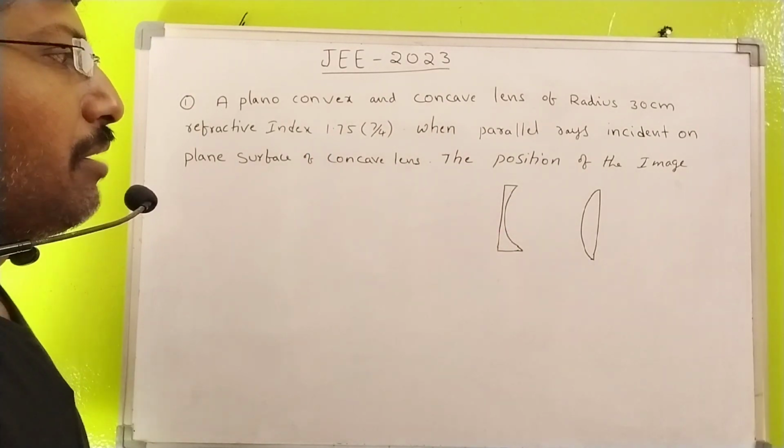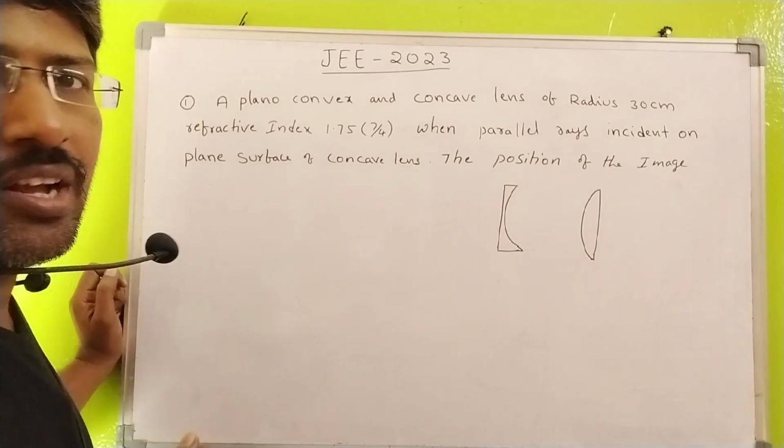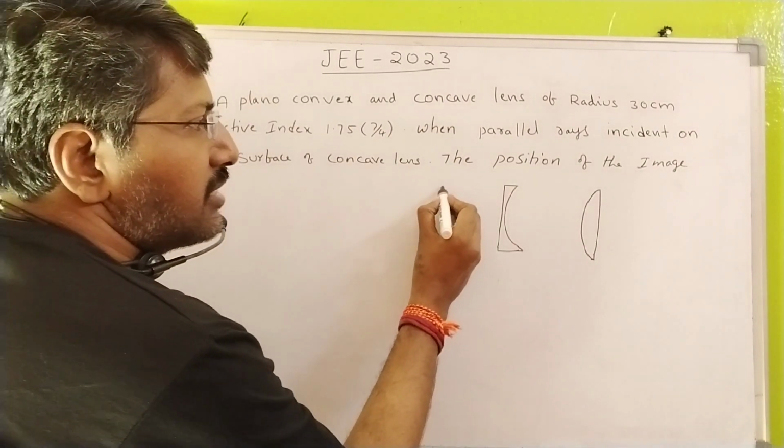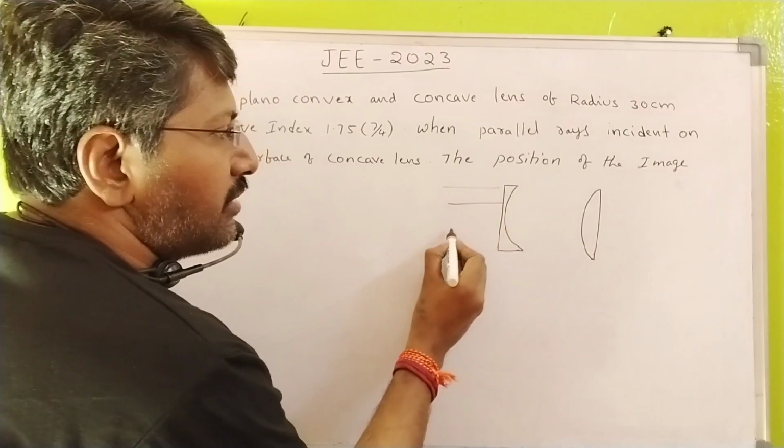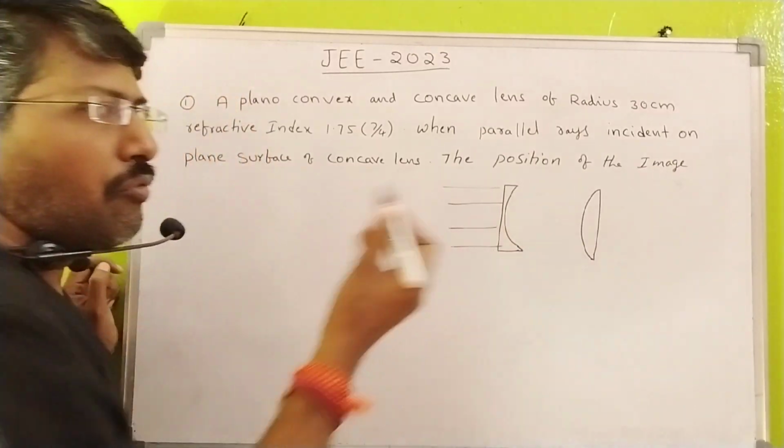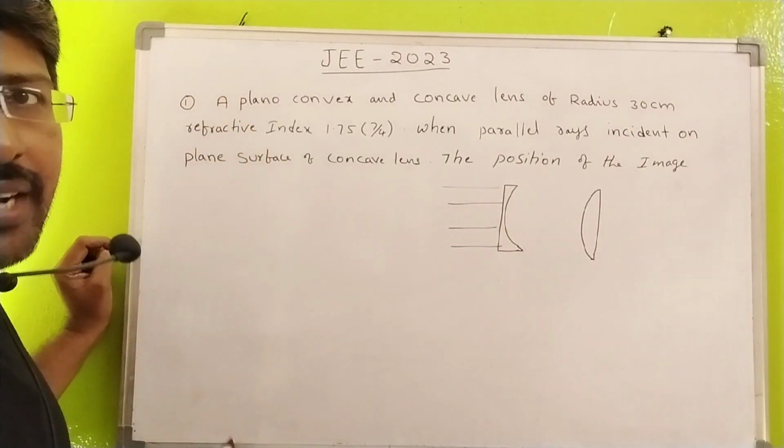Parallel rays are incident here like this. Where will you get the image?